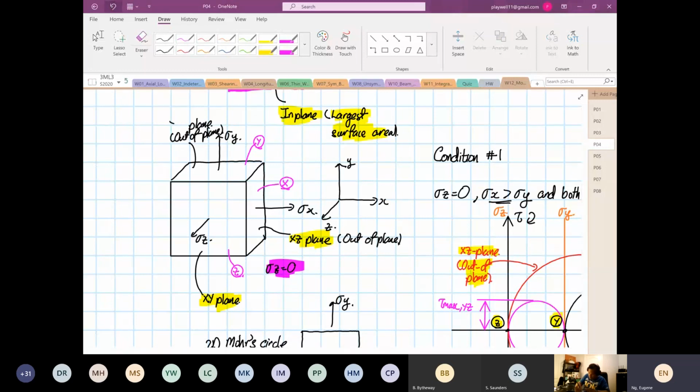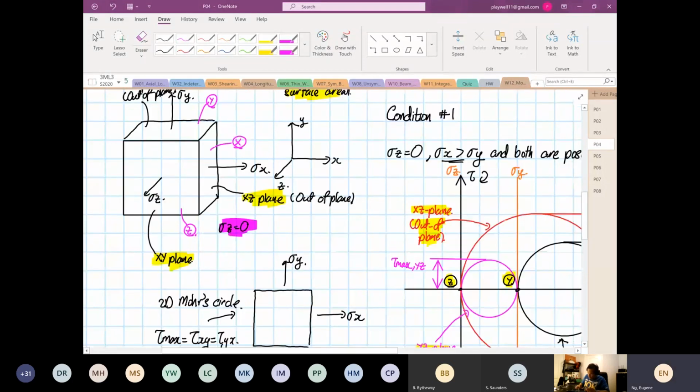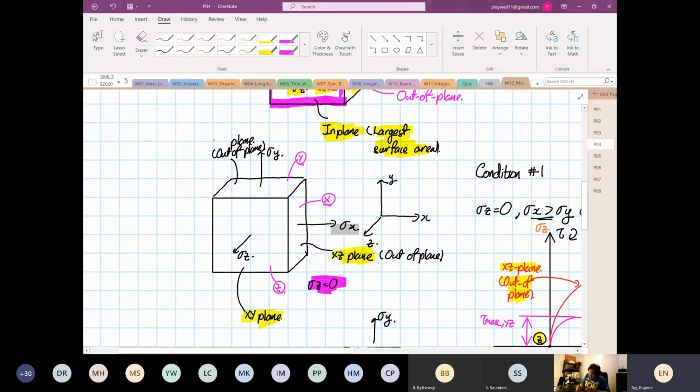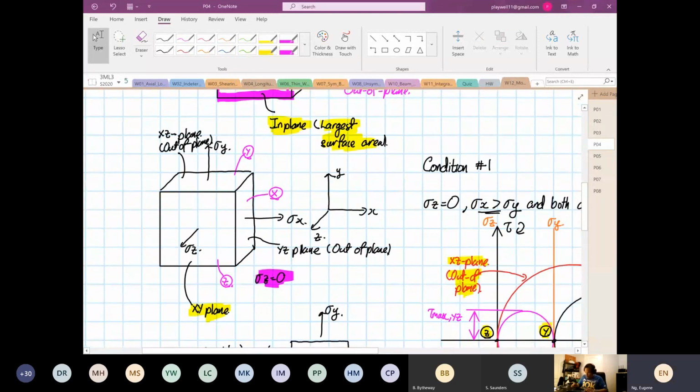My apologies. So this is your xz plane, and this is your yz plane. The yz plane is your out of plane, and your xz plane is also out of plane, because the area is the smallest.